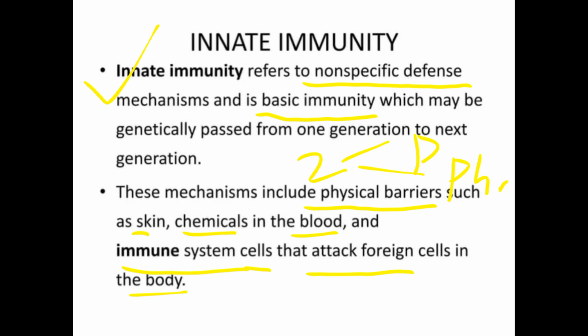So innate or inborn immunity basically has two types of barriers, physical and physiological, and they include skin, chemicals in the blood, and immune system cells that attack foreign cells in the body. One by one we will see them.